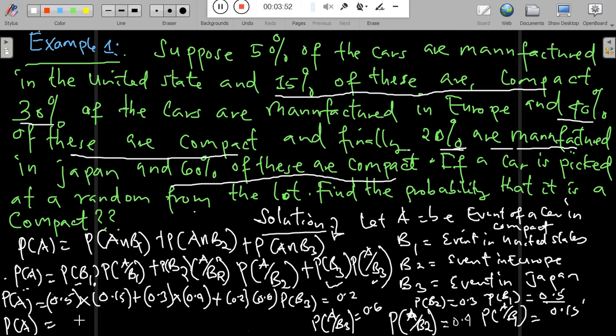When you multiply and add all the probabilities, the probability of A will be equal to 0.315. Remember, the probability of A represents the probability that the car is a compact in this question. So the probability of A is equal to 0.315.